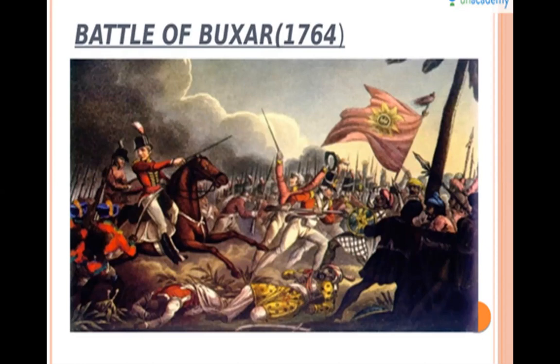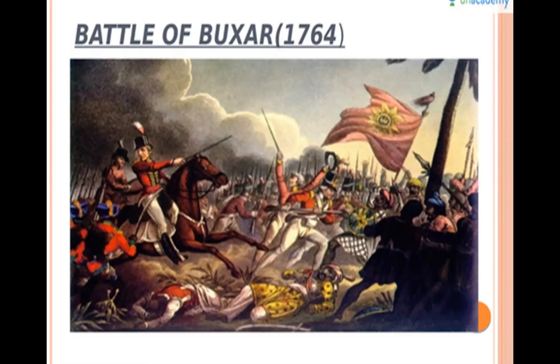In 1763, Mir Qasim was defeated by the British, but he escaped. Mir Qasim took the help of the Nawab of Awadh and the Mughal Emperor Shah Alam II. This combined force fought a war against the British at Buxar in 1764.